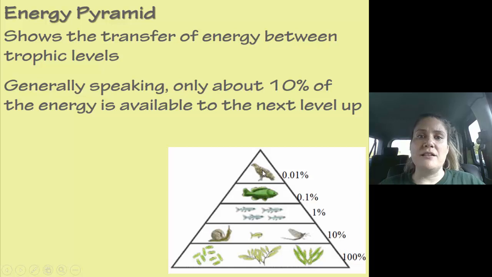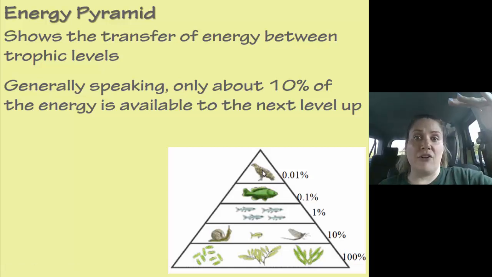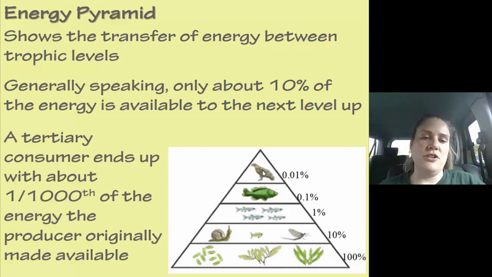So you can imagine if by the time we went up to a fifth level, there would be almost no energy available, okay? So a tertiary consumer is going to end up with only about 1/1000th of the energy that the producer originally made available. That's the problem, okay? That's just not cool. And so we just don't go up any further because it's just not worth it.